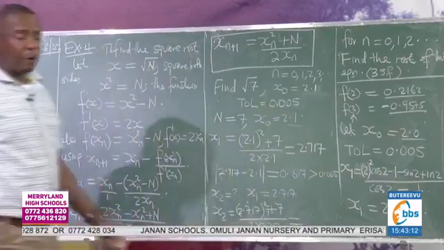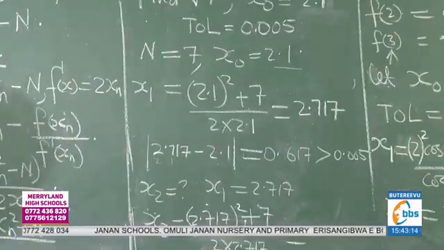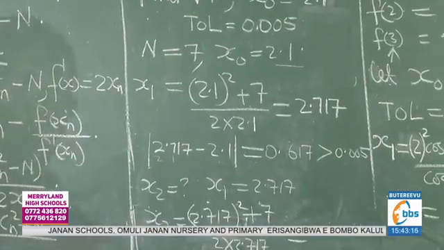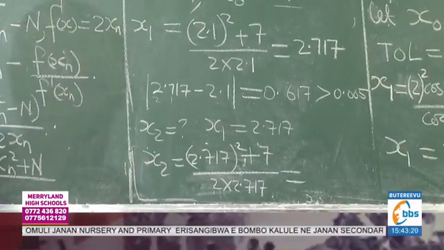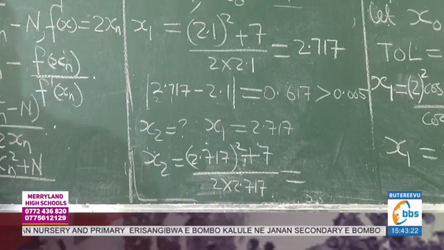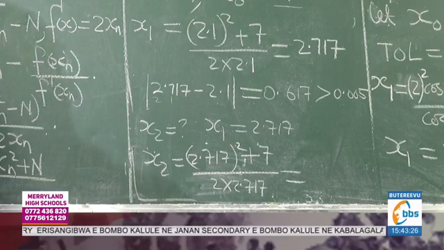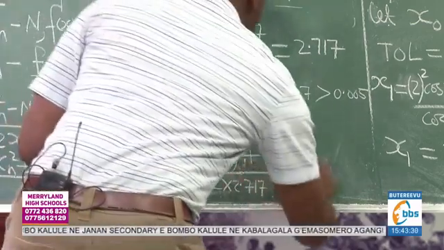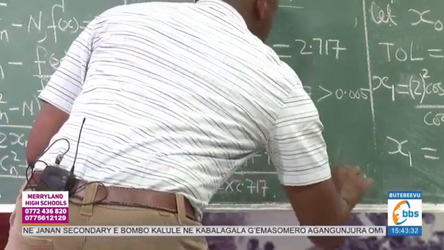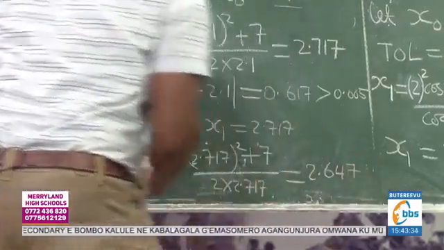Again, I wait for you to compute and tell me what you get there. When you feed in 2.717 squared plus 7 divided by that, what do you get? You'll get 2.647.